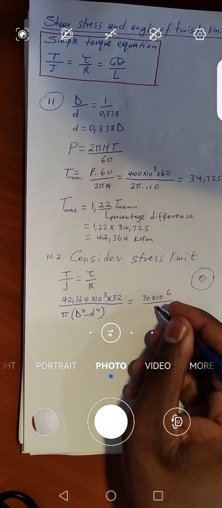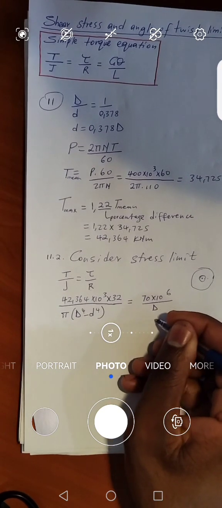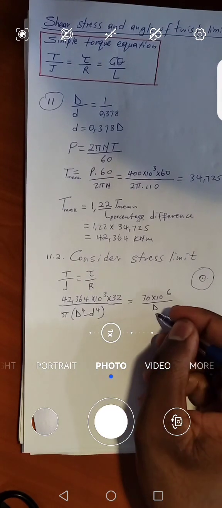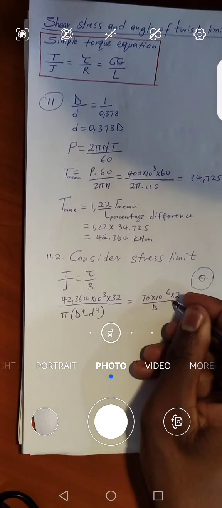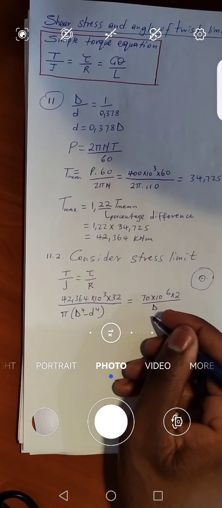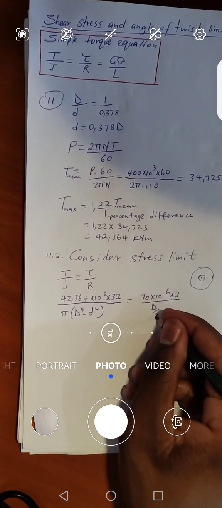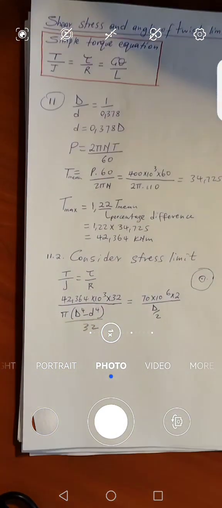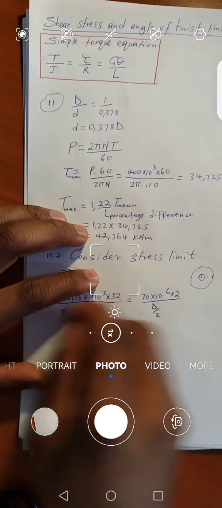That outer diameter we don't know, so we'll say capital D divided by 2. That 2 I'm going to put here, and it will have the same effect. I can put it here or there, or I can put that 32 here or there. Nothing will change; the value will still remain the same.